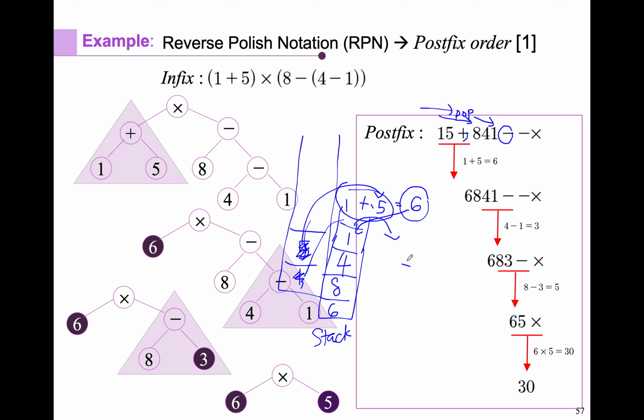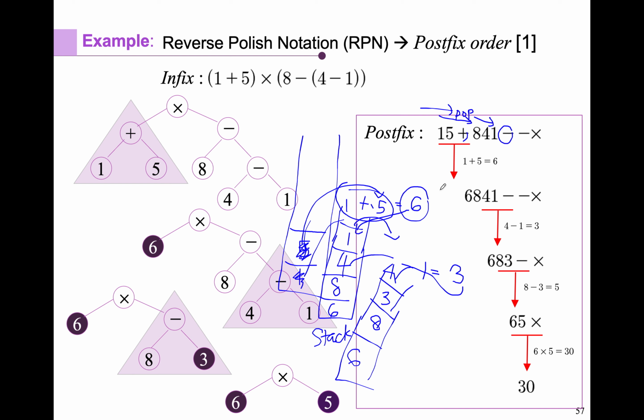So this is your operation. 1 will be popped over here, 4 will be popped over here, then you will get 3. Your current stack, you have 6 and 8 only. Then you have this value, you will push first before you continue, as I mentioned, right? Before you continue, you're going to push.